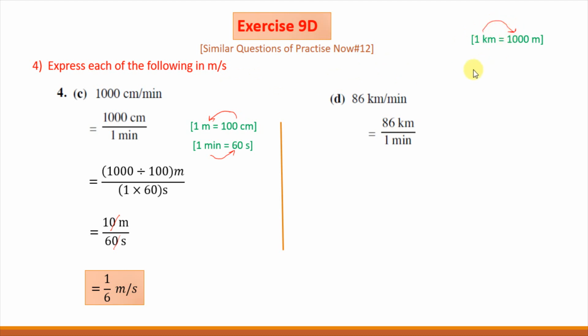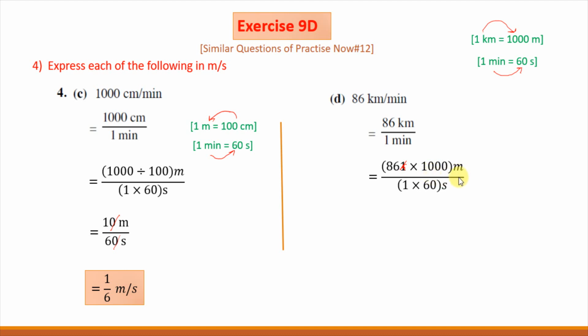You will multiply 86 multiply 1000, and we know that in 1 minute there are 60 seconds. So when we go from higher to smaller, we will multiply, so 1 multiply 60. Now that will be our next step. 86 multiply 1000.